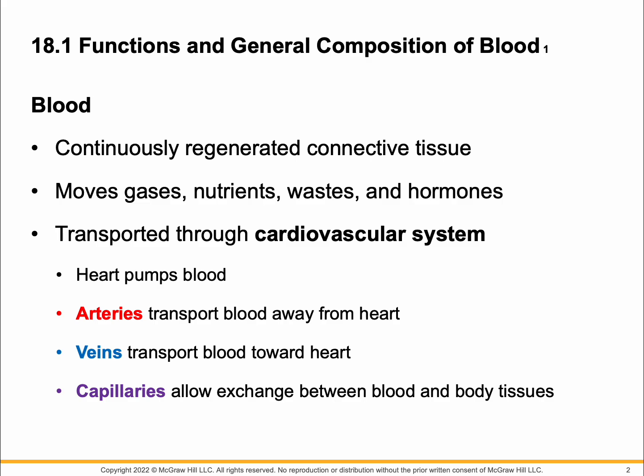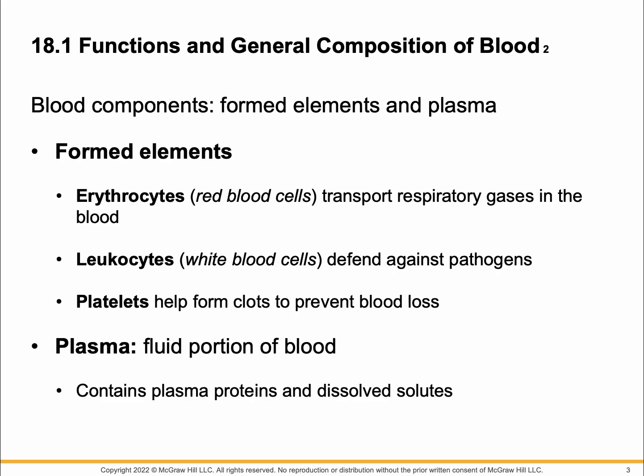Just as a little preview for our lecture on blood vessels, you define a vessel based on the direction that the blood travels, not the type of blood in the vessel, right? So keep that in mind. We won't go into any more detail right now, but we will talk about some additional things later on, right?